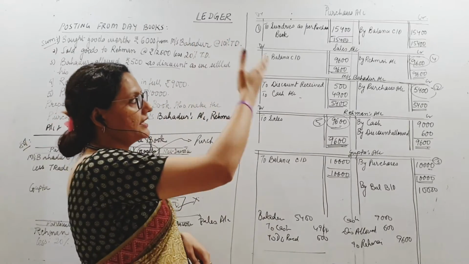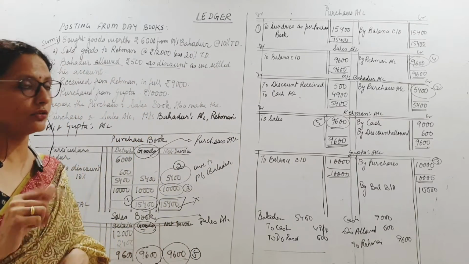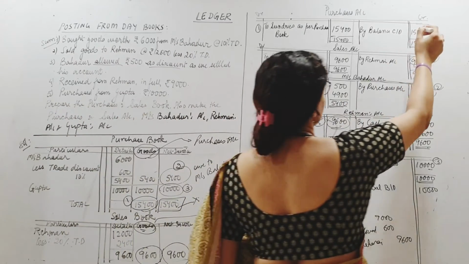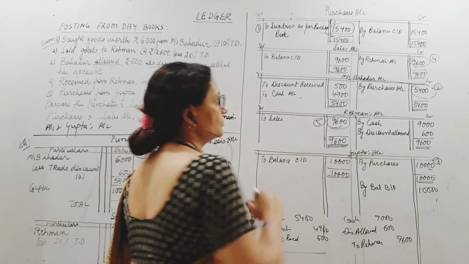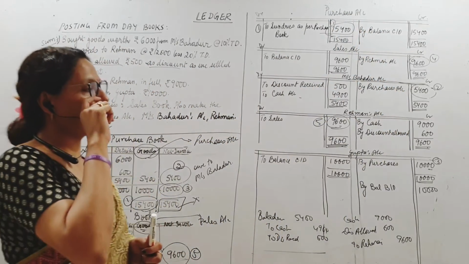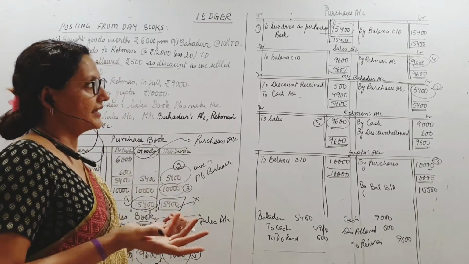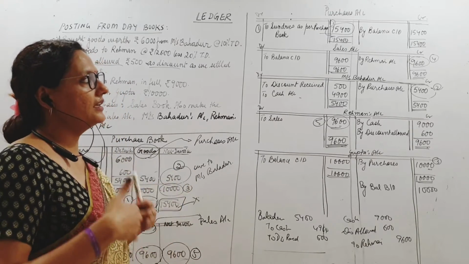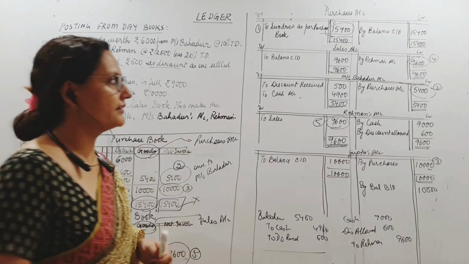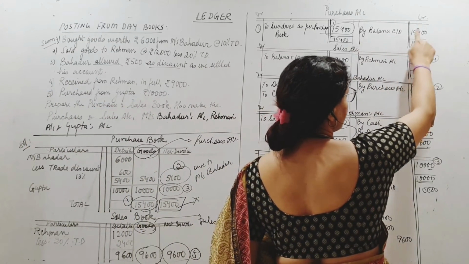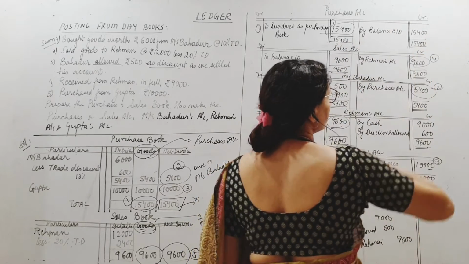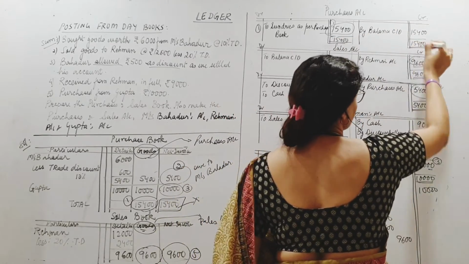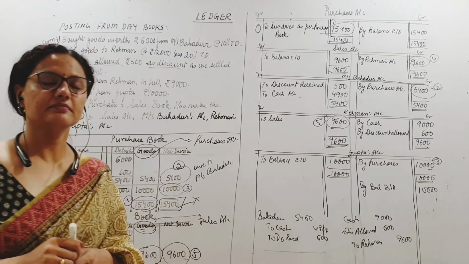Let's go back to purchase and sales. They are still not closed. We have just shown here this amount, right? This is number 1 I told you. So purchase account is showing a debit of 15,400. Again, there is no other transaction, so we balance carried down it, right? So by balance carried down 15,400, both sides equal, total it up and draw the double line and close the account. Alright?